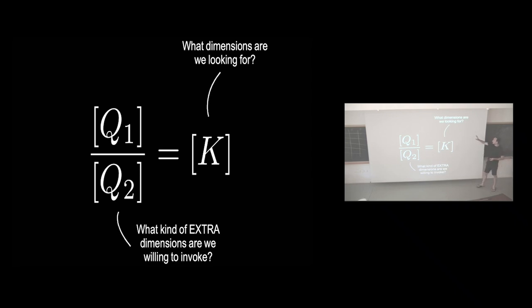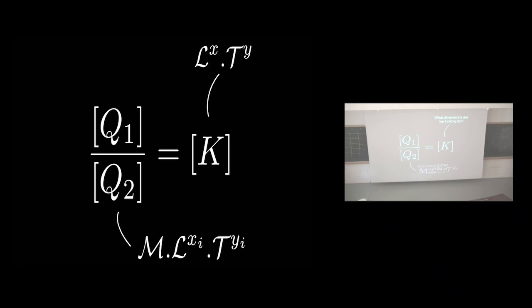In everything that I talked about last time, the things that we allowed here were kinematic dimensions, so some combination of length and time. And the extra dimension that we used was the dimension of mass. But you can do dollars per square feet or whatever. It depends on what you're interested in.